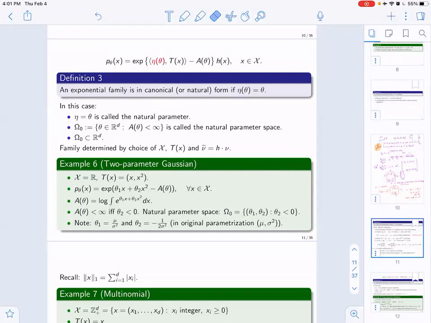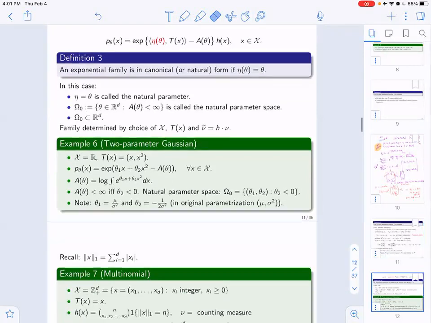For example, you can think of the case where your probability measure nu is like the Lebesgue measure, or a rescaled version of the Lebesgue measure, or something like nu is h of x times the Lebesgue measure.